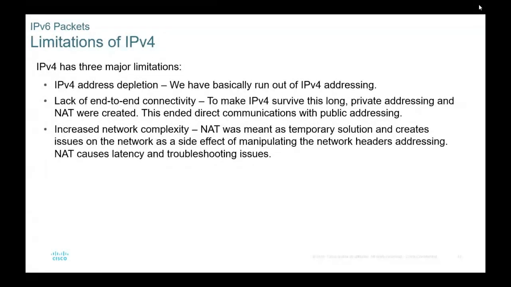Well, why is this a problem? NAT increases the network complexity. NAT was meant to be a temporary solution and creates issues on the internet, as a side effect of manipulating network header addressing. NAT causes latency, so every time it goes through a NAT, it causes a lag, and there are also troubleshooting issues.